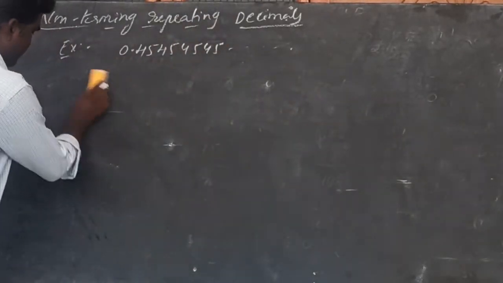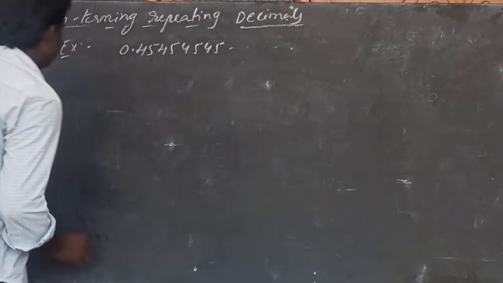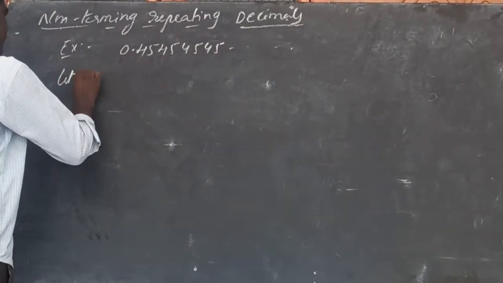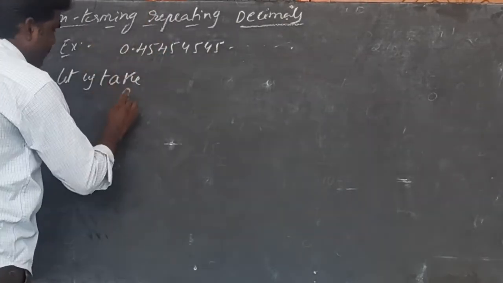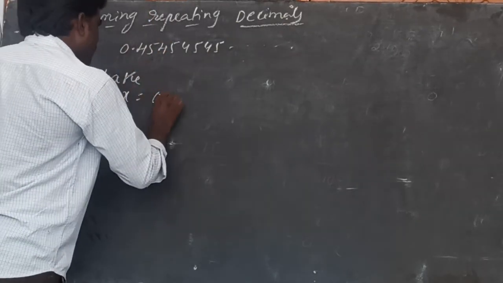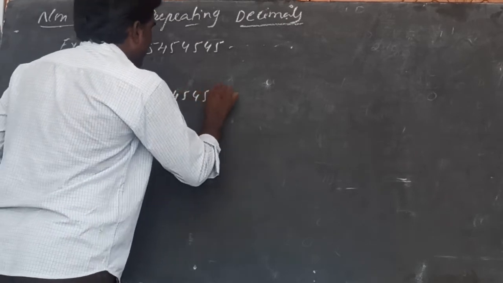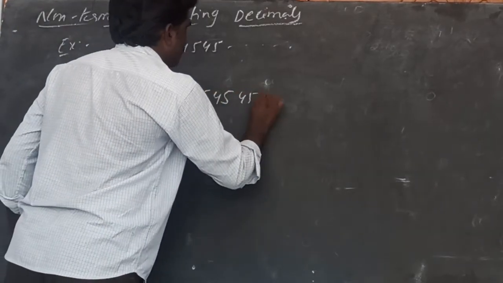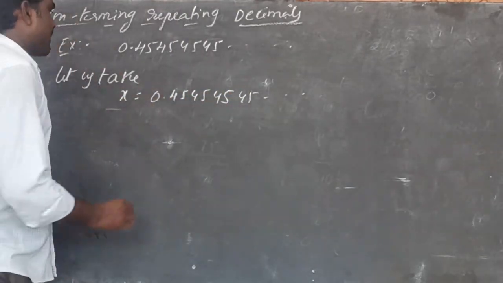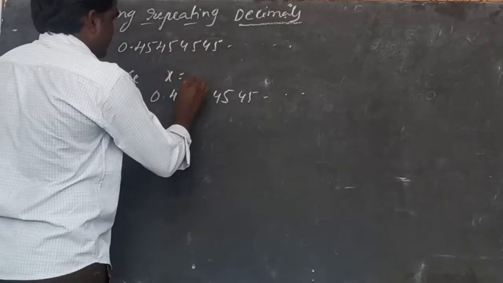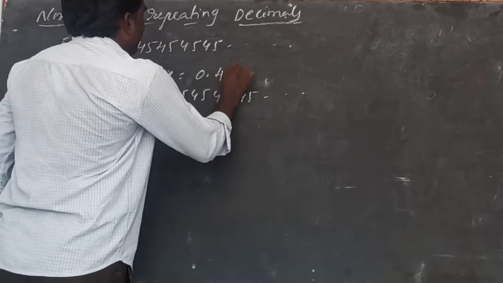How can we change it? Let x be equal to 0.45454545 and so on. The set of digits repeats, so simply we can write 0.45 bar.